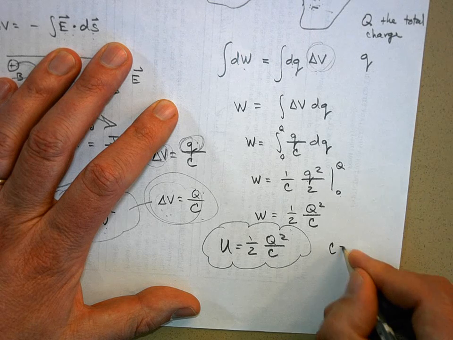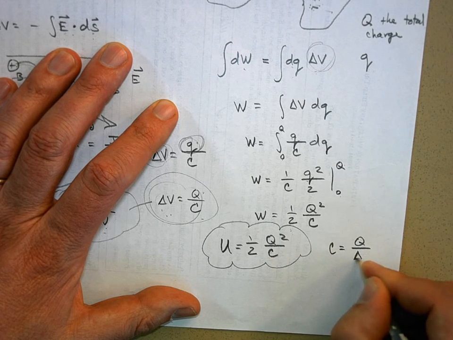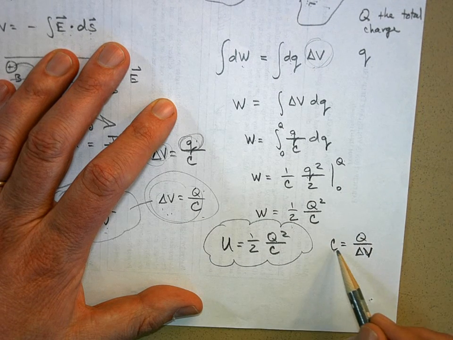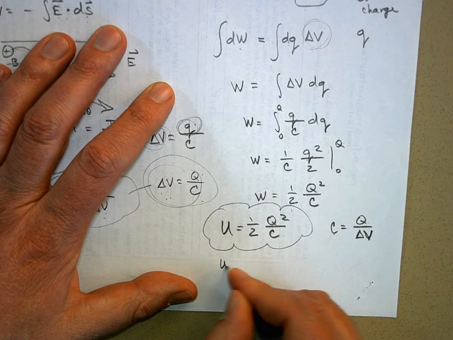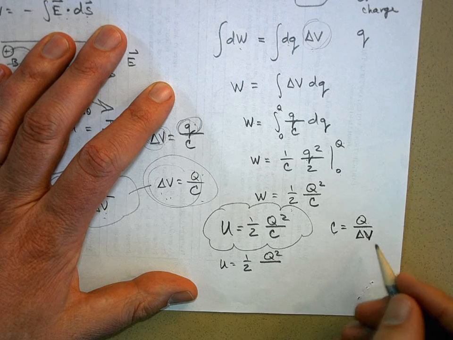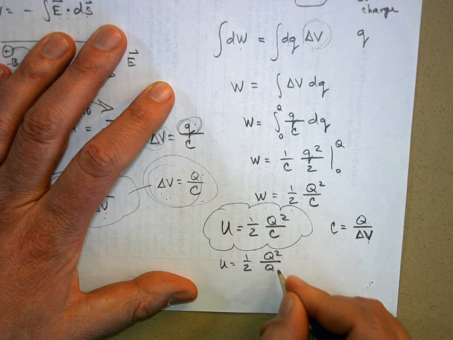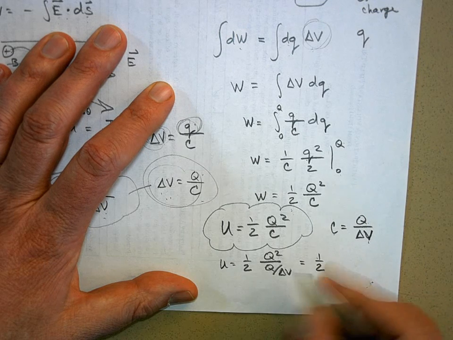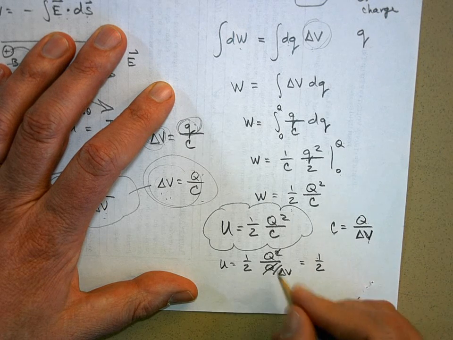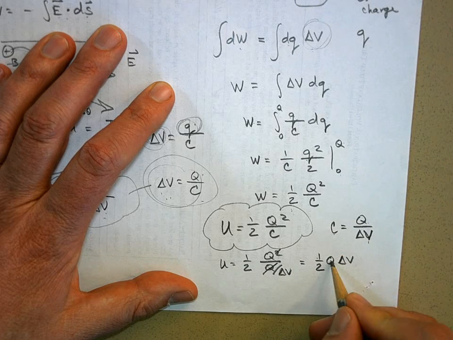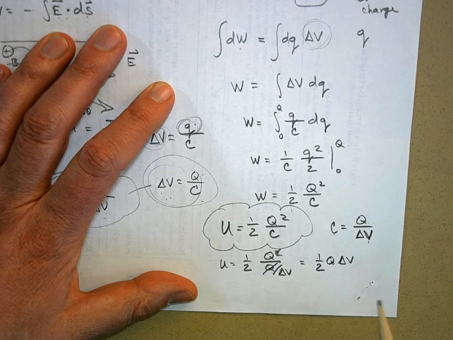The capacitance is equal to the charge over the voltage, delta V. So just substitute this in there, and you get U equals 1/2 Q squared over Q over delta V. And when you do that, you get 1/2, well, the Q cancels with the Q squared, the delta V comes to the top, Q delta V. Now this makes sense, doesn't it? Just dimensionally, coulombs times joules per coulomb is joules, but you have this 1/2 there.